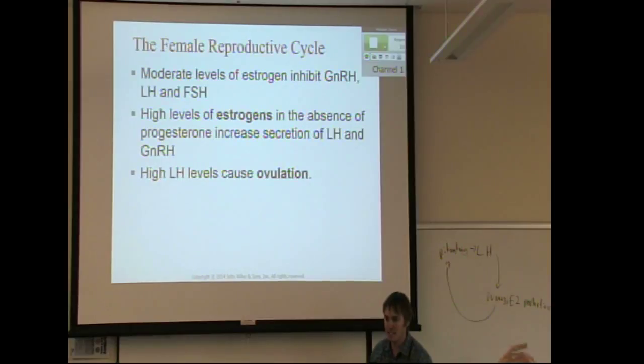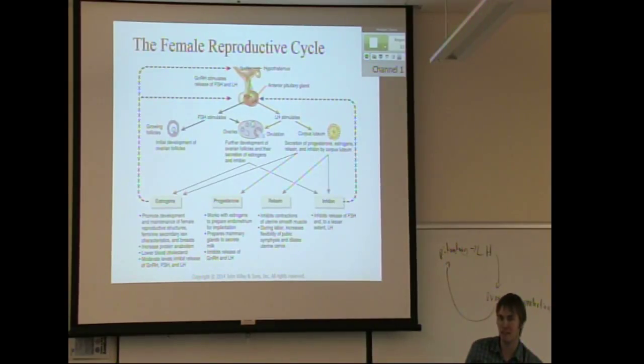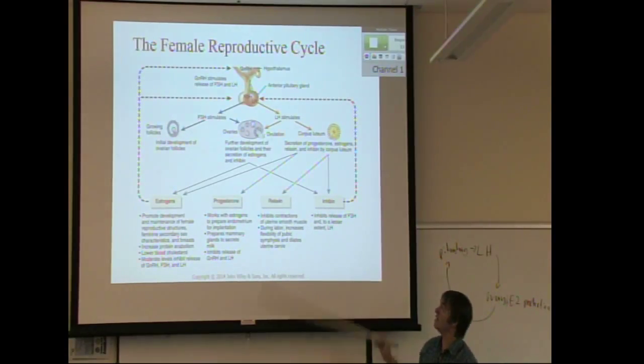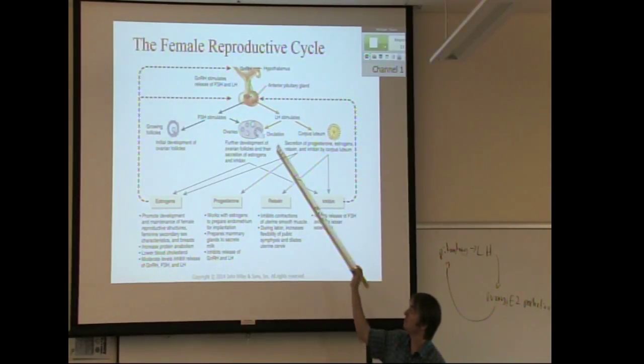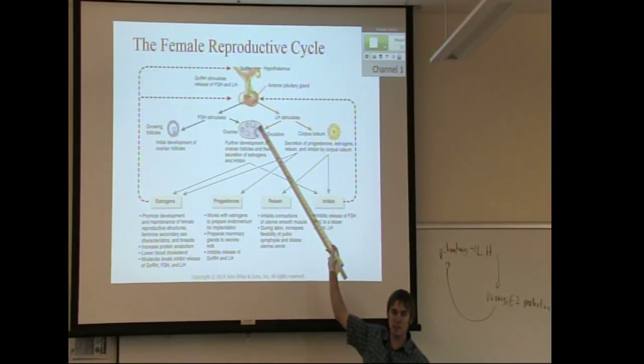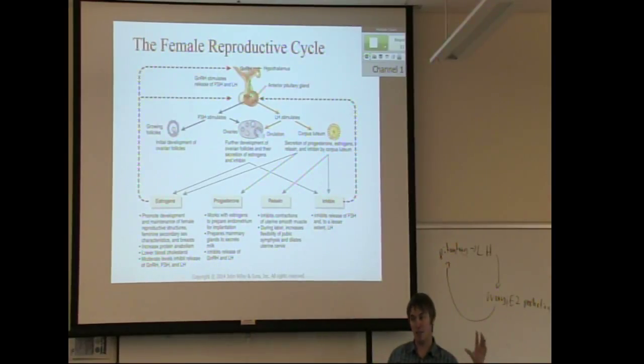And that's because what makes estrogen? Before ovulation, the follicle. And as the follicle gets bigger and more mature, it makes more estrogen. And the idea is for the ovary to know when to release it.